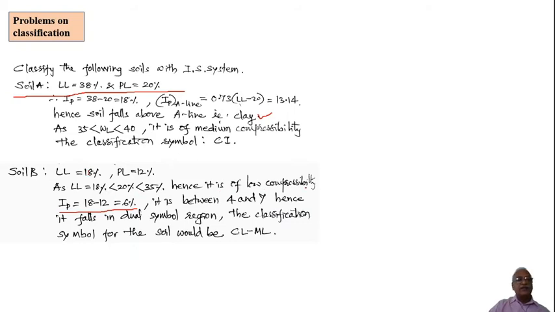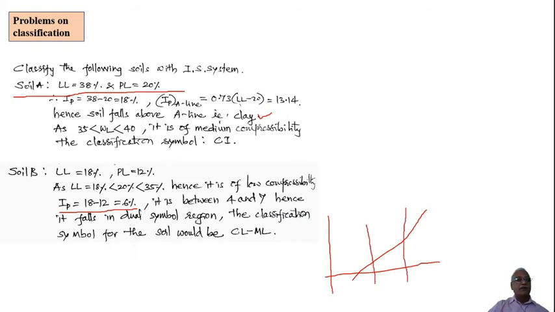Hence, it is of low compressibility. You should remember that graph, with one line at 35 and one at 50.